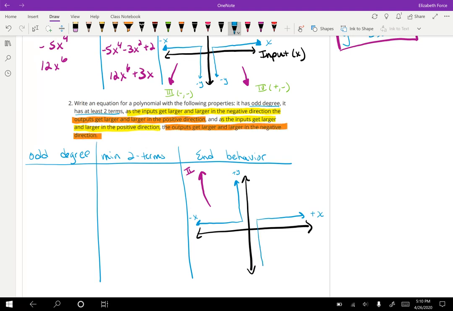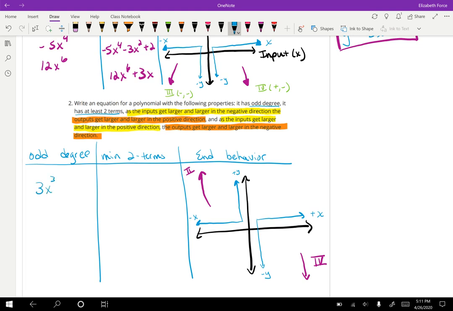So the y's are getting larger and larger in the negative direction. So I know that my end behavior has to be down here in the fourth quadrant. Because as x is getting bigger and bigger on the positive, we want to keep getting bigger and bigger down here in the negative.